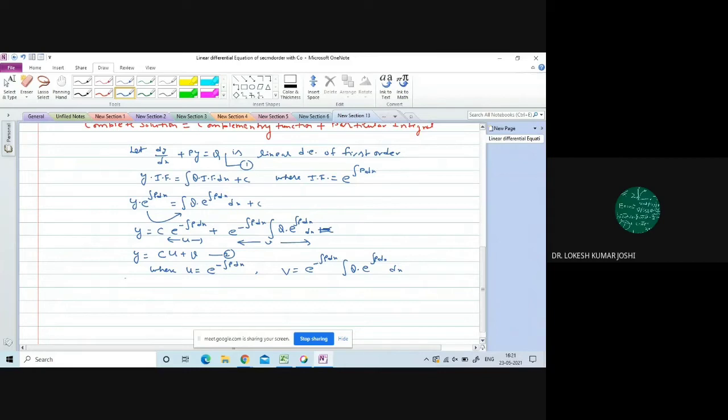Now take u. We just write, differentiating u with respect to x, we get du/dx equals minus p times e to the power minus integral p dx.